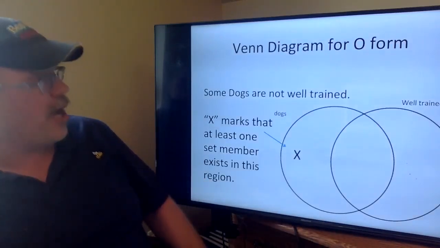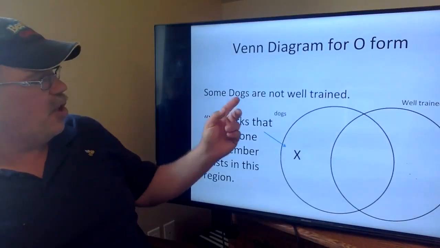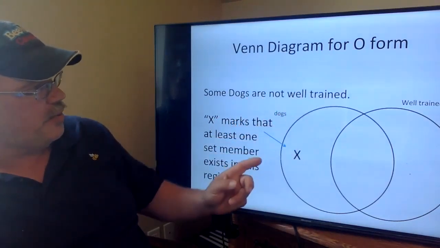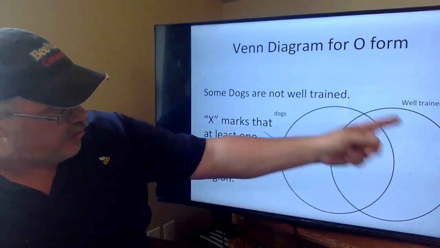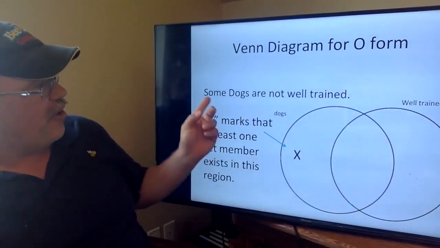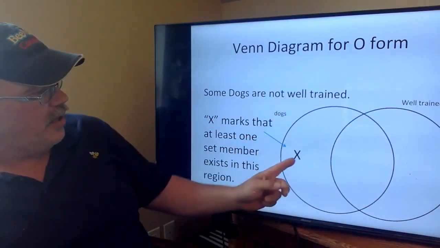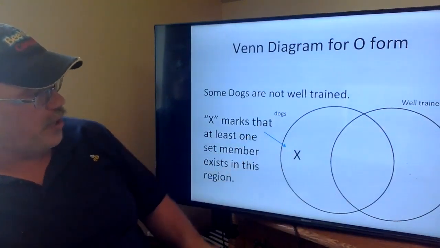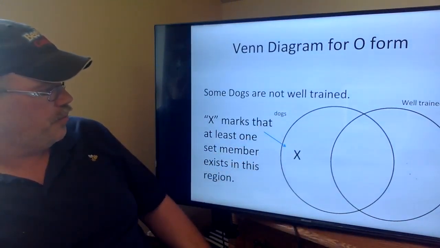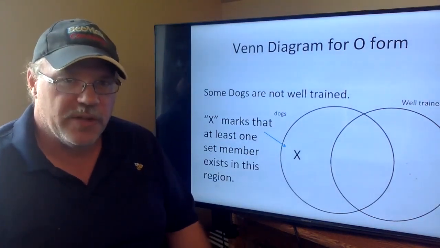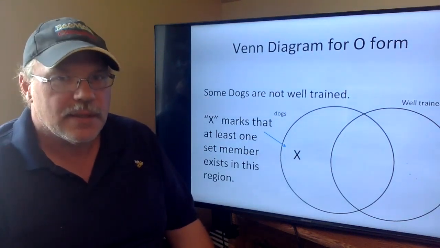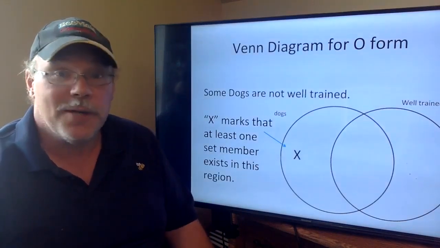So the diagram looks like this. If we had some dogs are not well trained, we would have the circle of dogs and the circle of well-trained things, and there's at least one dog that's not in the well-trained circle. Now, is that perfectly obvious? No, probably not.